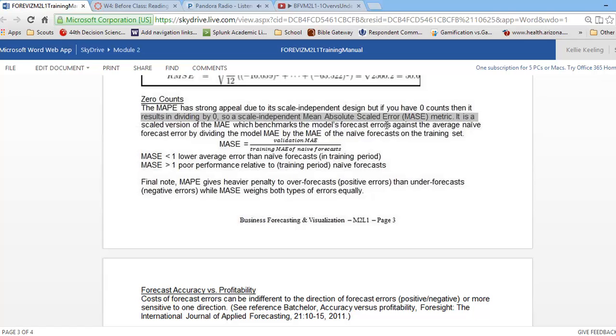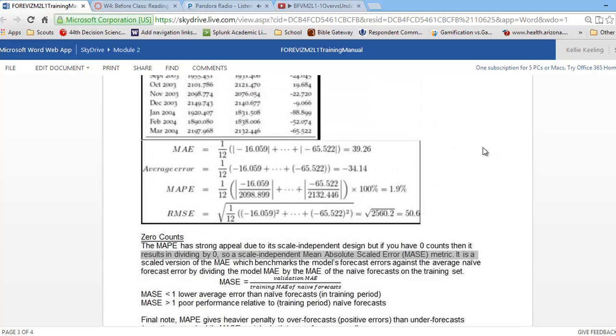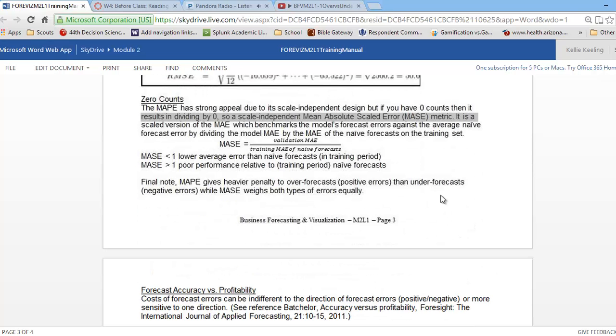And this is good whenever we have zero counts in our data, because the MAPE is a really strongly used one because it's scale independent. Everybody likes it. But if you have data that has zero counts, what will happen is that you'll end up with zeros in the denominator, and that will cause this not to be defined anymore.